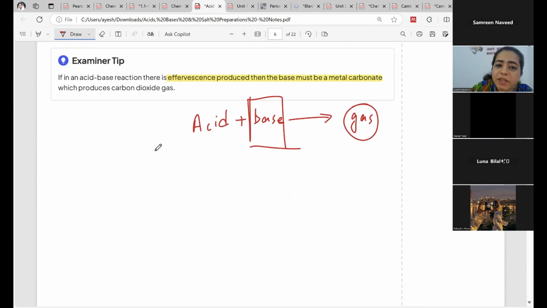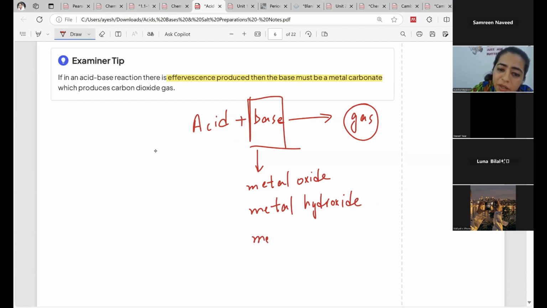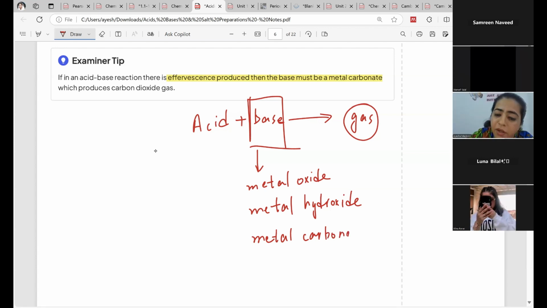This base possibility is only three, only three are in your exam. It can be metal oxide reacting with acid, metal hydroxide reacting with acid and producing a gas, or metal carbonate reacting with acid and producing a gas as well.